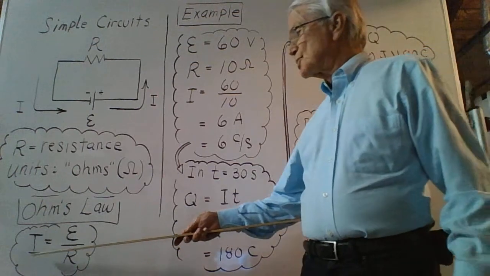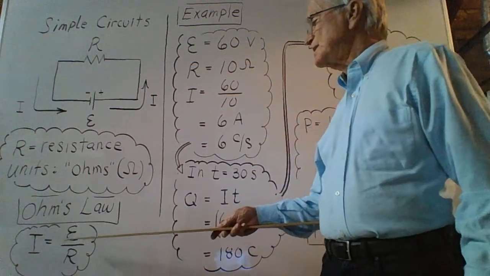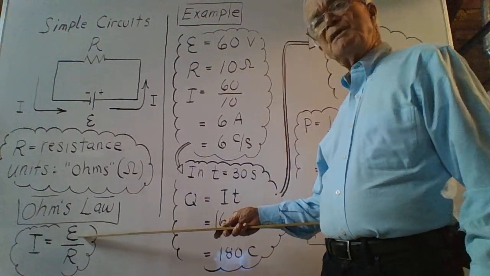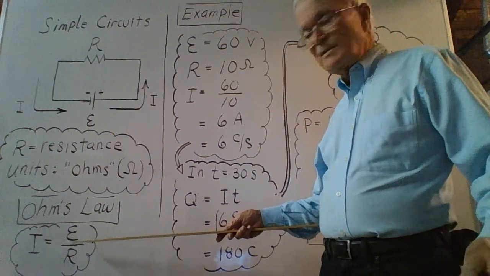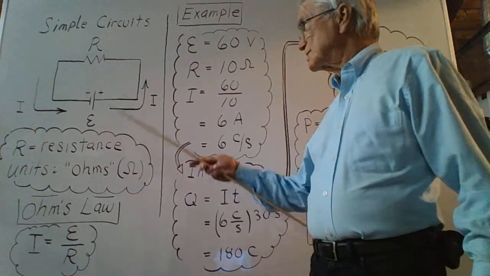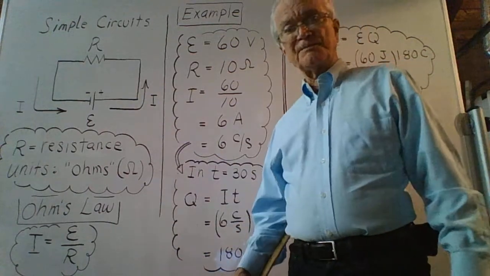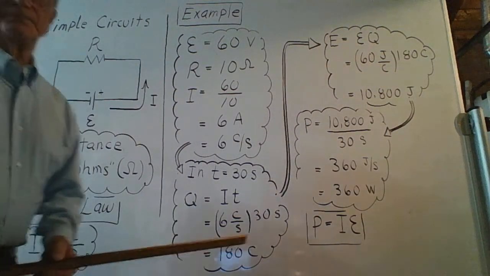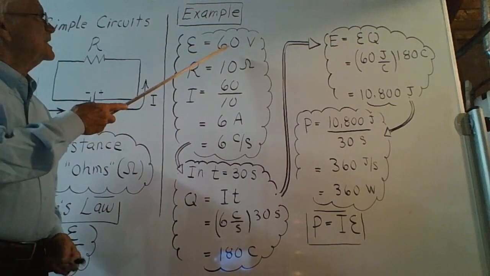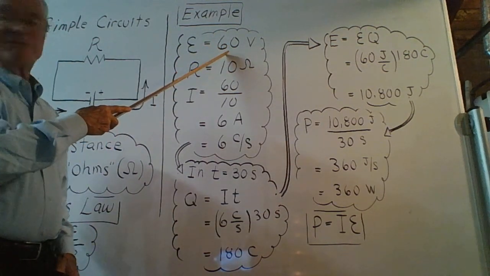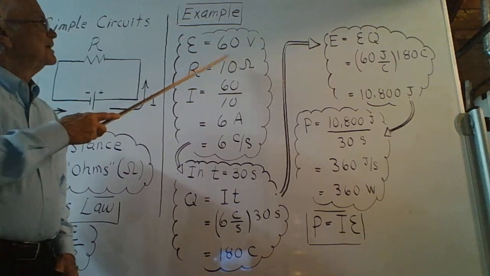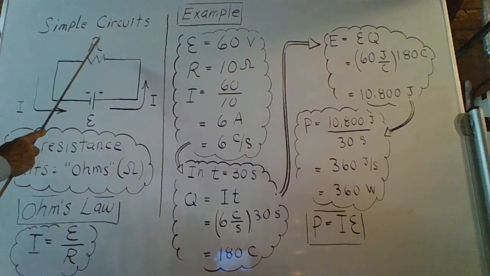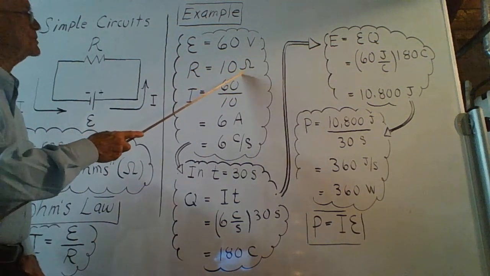You may calculate the current that comes out of the battery by dividing the voltage of the battery, the EMF of the battery, by the resistance in the circuit. Let's work a sample problem. The EMF of our battery is 60 volts. The resistor has a resistance of 10 ohms.